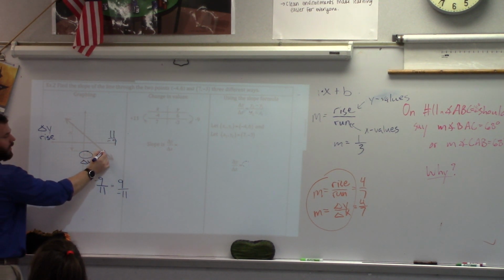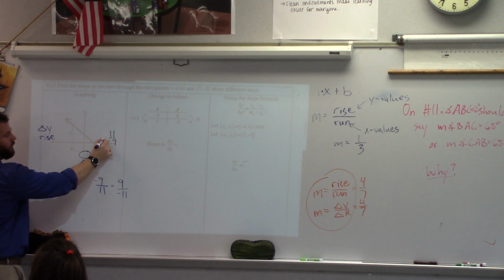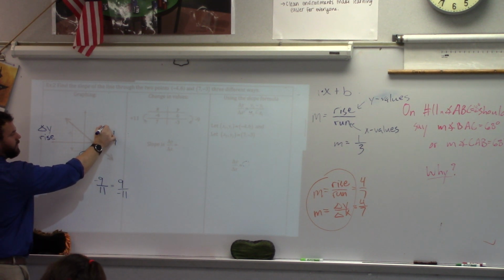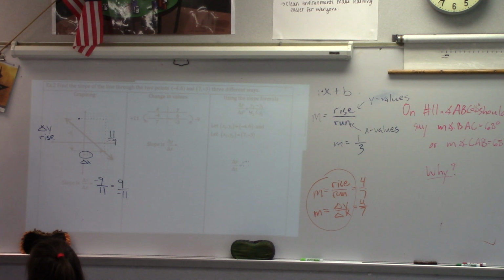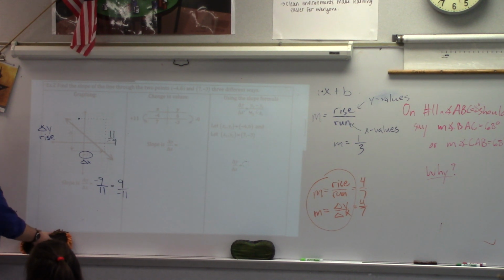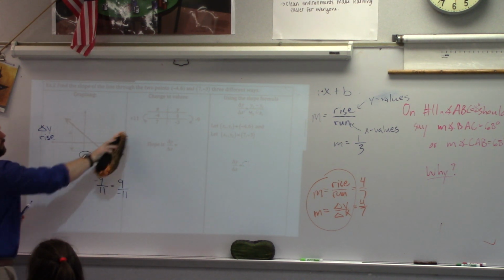If I start here, I go up 1, 2, 3, 4, 5, 6, 7, 8, 9, 10, 11. And then to the left, 1, 2, 3, 4, 5, 6, 7, 8, 9. Is that the same line? So can we do 11 divided by negative 9? No. Then 9 has to be the change in y.